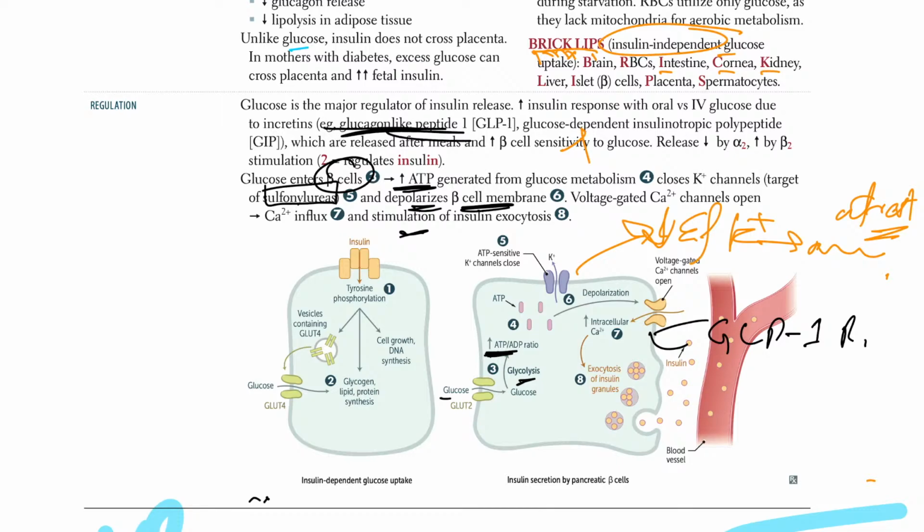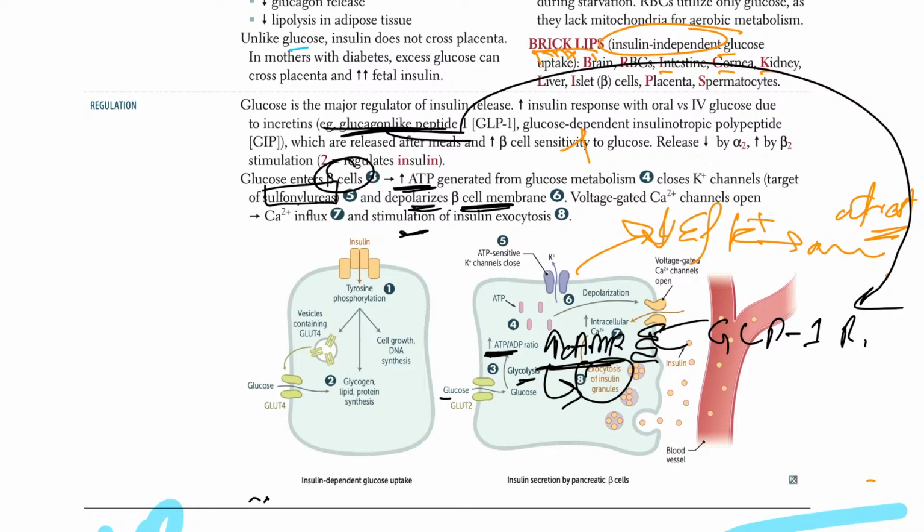Glucagon-like peptide works on this receptor, which works through adenylate cyclase and causes an increase in cyclic AMP. This is high yield. That increased cyclic AMP leads to exocytosis of these insulin granules, which is just the normal function of calcium.